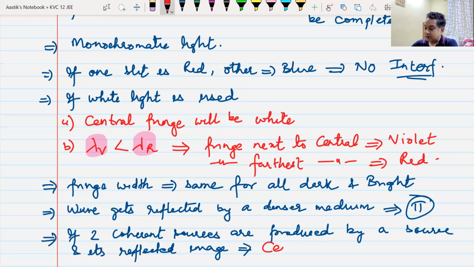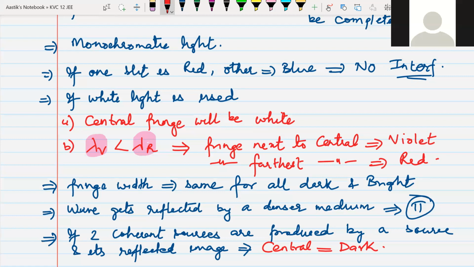Your central fringe would be dark instead of bright, because crest becomes trough and trough becomes crest. I'll give you 1 minute to note this down. Once you're done, please let me know.